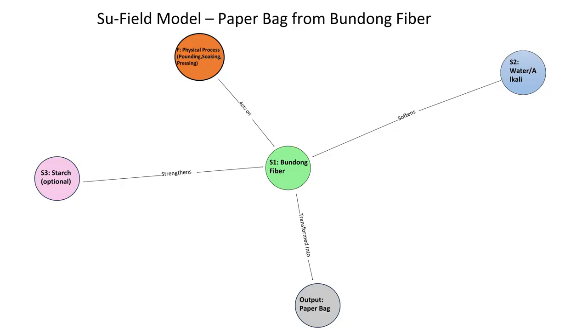To make the pulp stronger, we can add S3, starch, as a natural binder. Finally, the output is a paper bag, which is eco-friendly and replaces plastic bags. This model shows clearly how different substances and processes work together to achieve our innovative product.